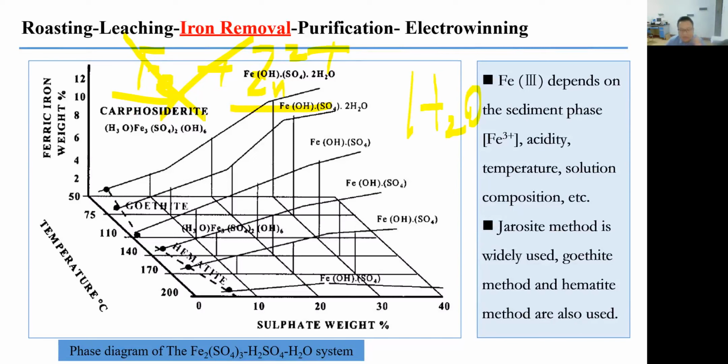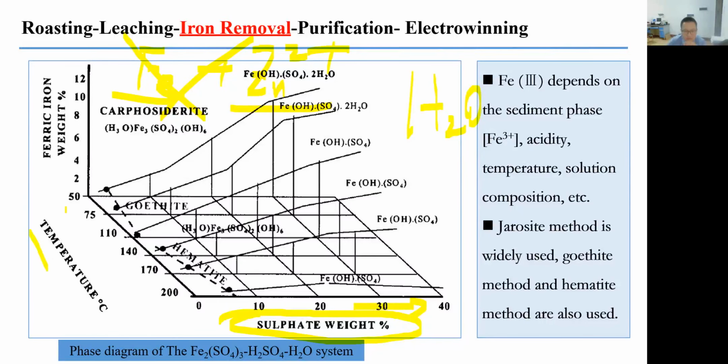We are checking the phase diagram of the ferric, sulfuric acid and water system. This is sulfuric acid in excess. So we are moving to the right side, toward more acidic conditions.